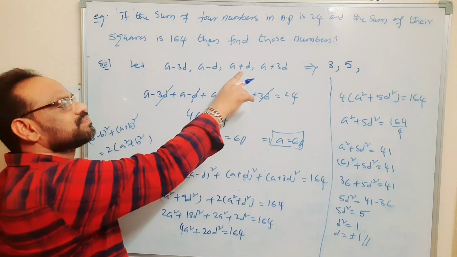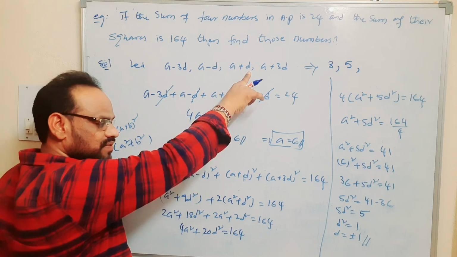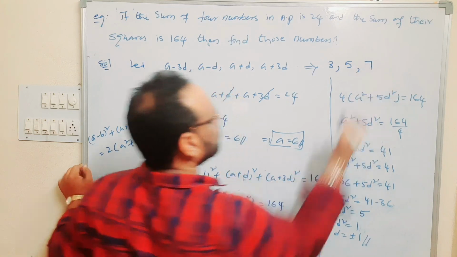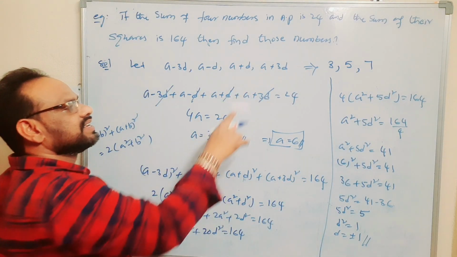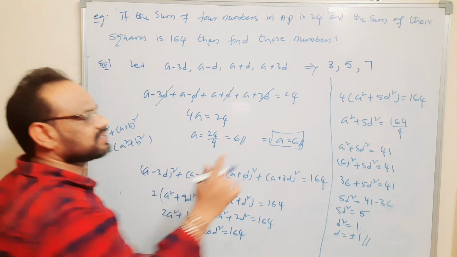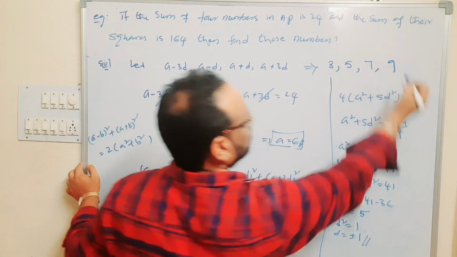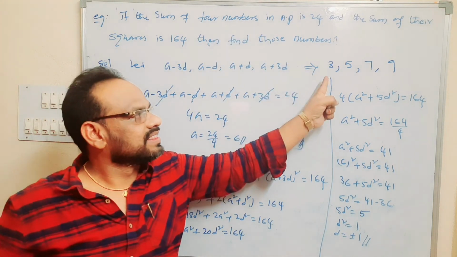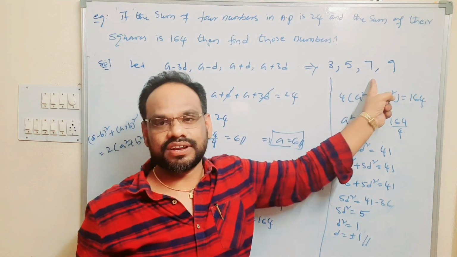And 6 plus 1 is 7. And a plus 3d, that means 6 plus 3 times 1, 6 plus 3 is 9. Therefore, the 4 numbers of an AP are 3, 5, 7, 9.